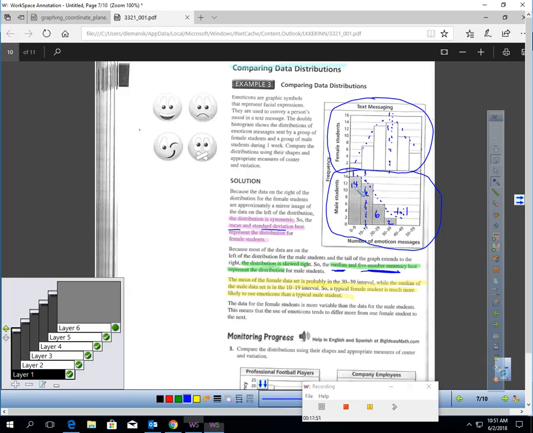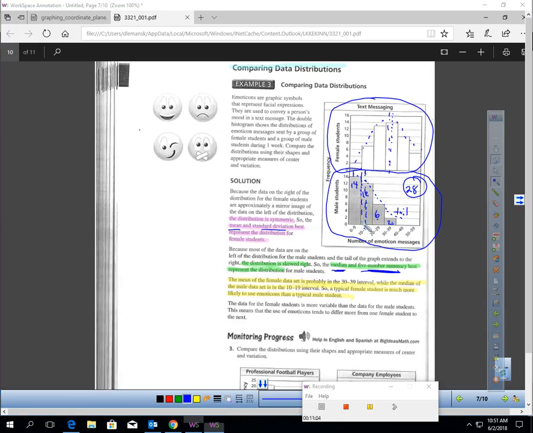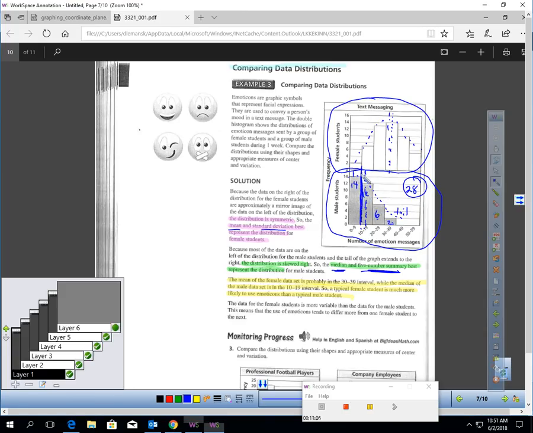If I add up 14, 12, 6, and 2, I get 28. Half of 28 is 14, so the median of this data is probably about here. For the males, it's probably at the bottom end of the 10 to 19 interval, closer to 10, which would be the median of the data.